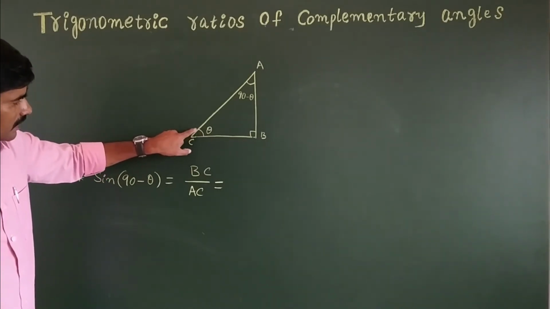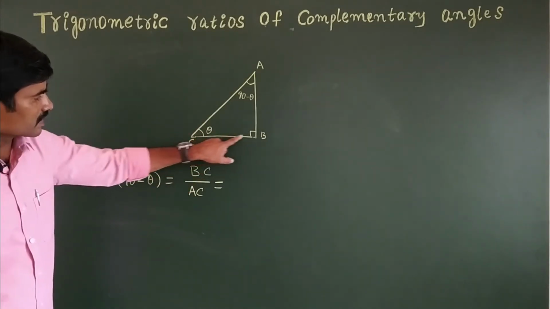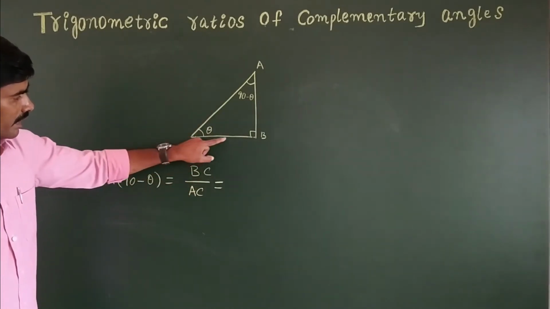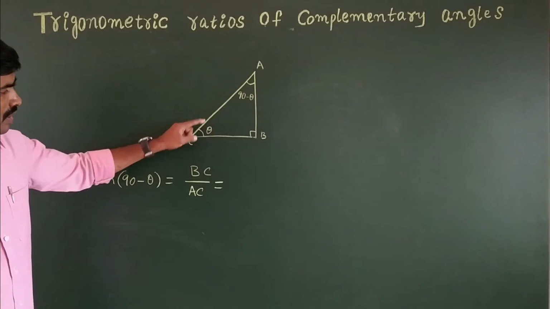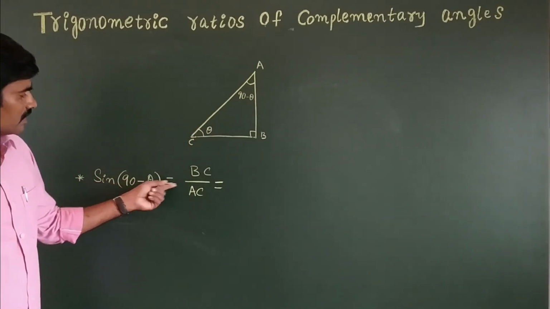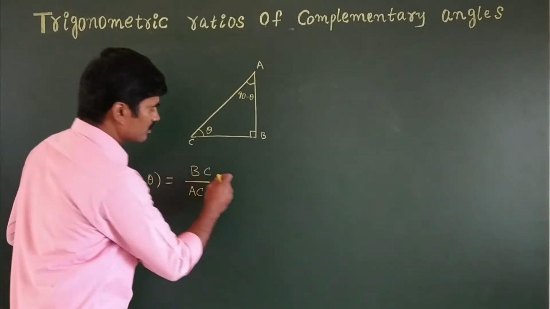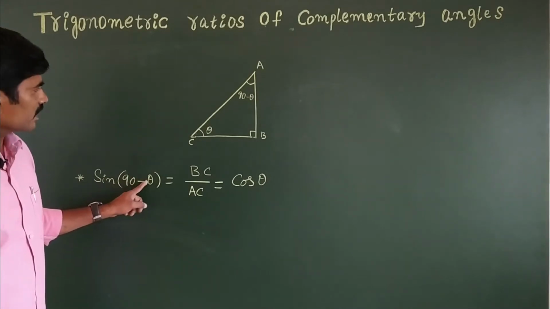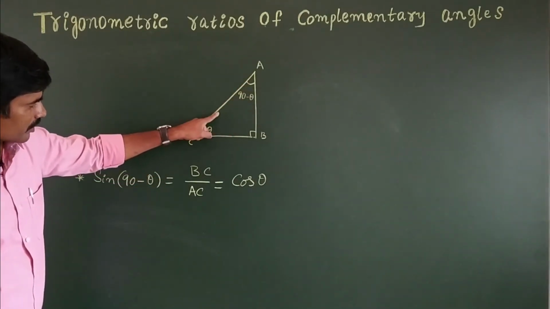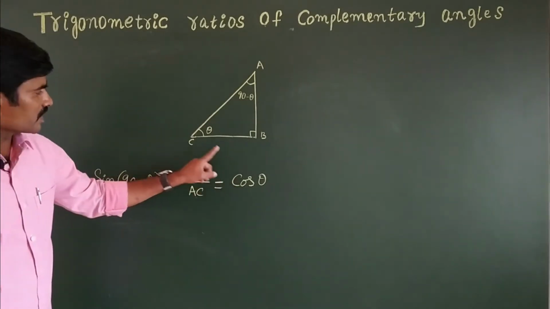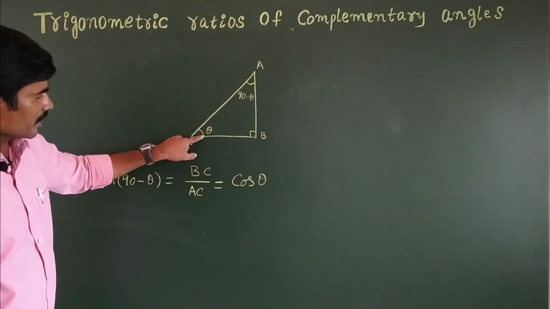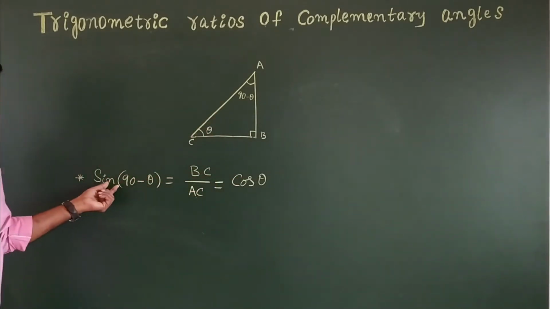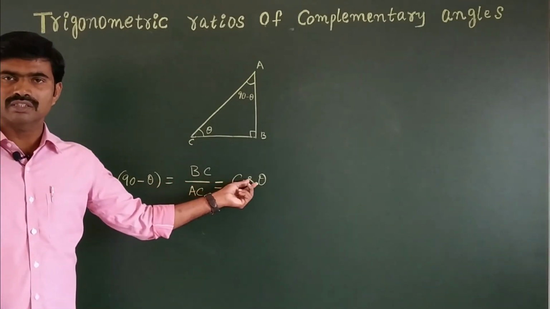For this angle theta, BC is the adjacent side and AC is the hypotenuse. Adjacent side by hypotenuse is cos. So sin 90 minus theta is equal to cos theta. Both are the same. So we can conclude that sin 90 minus theta is equal to cos theta.